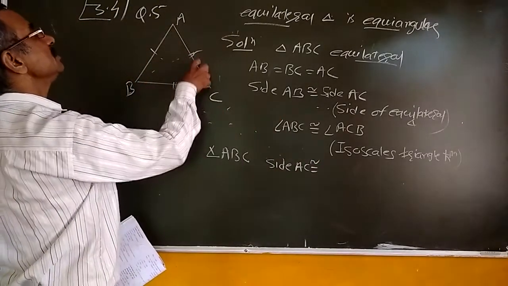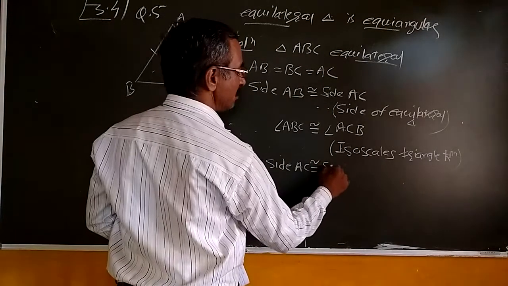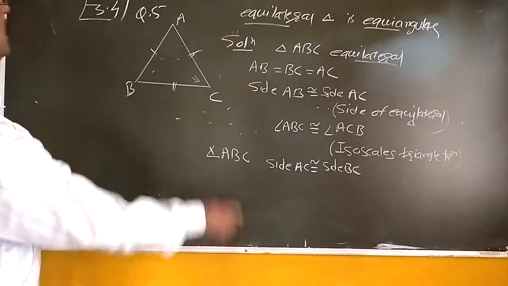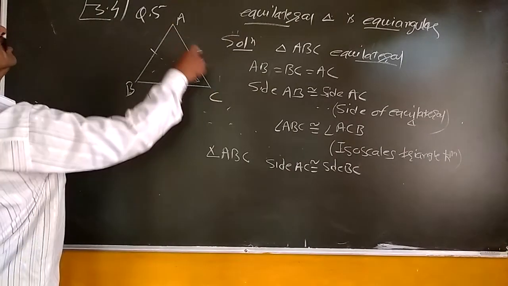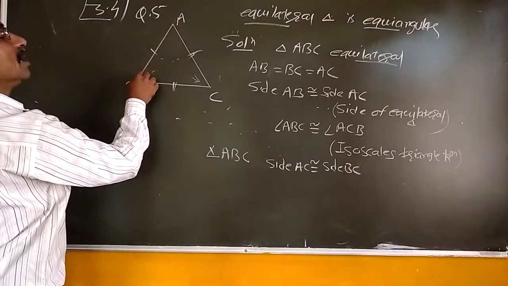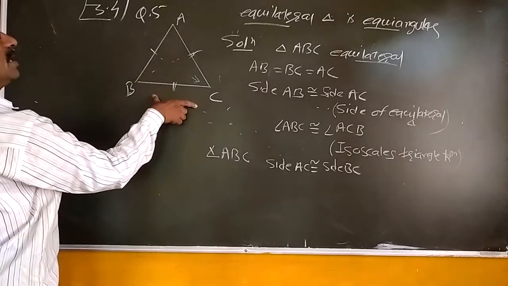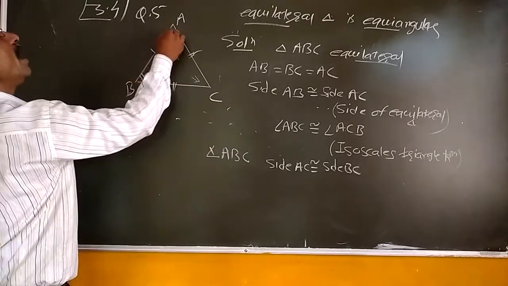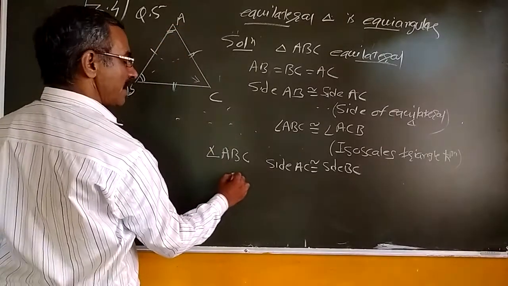We are taking another pair, AC and side BC. Their opposite angles: for AC the opposite angle is B, and for BC the opposite angle is A. Means angle A and angle B.